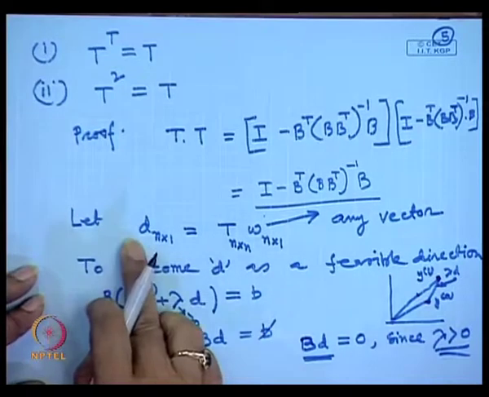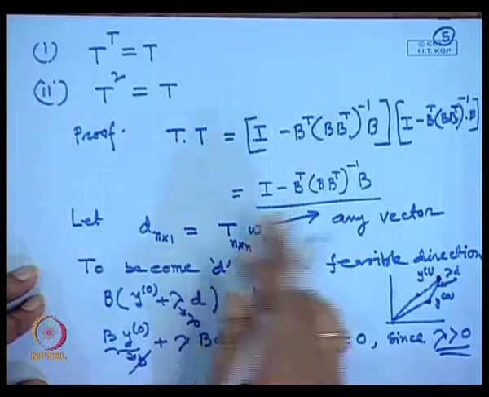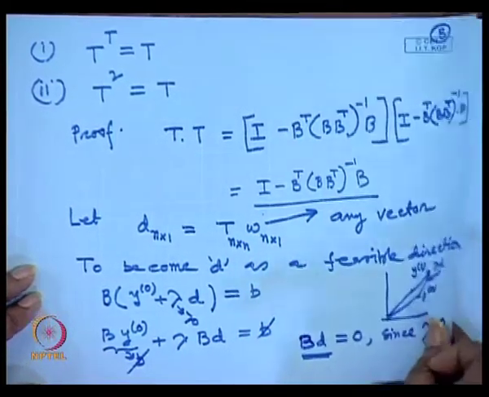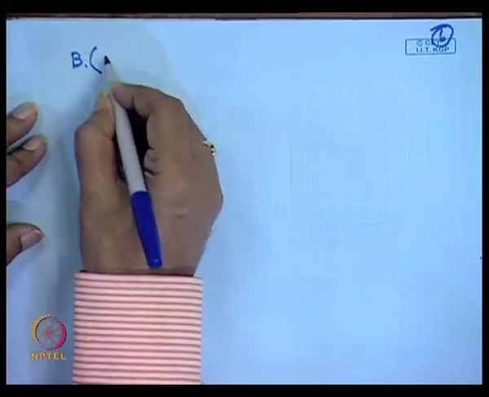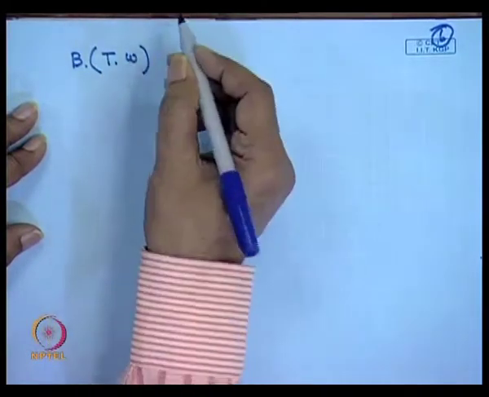So, this is our d choice. Once you have selected our projection matrix, w can be any matrix, because now see why it is any matrix. Now, you see b into d, where d is what we have selected, t into w, and w is any direction vector.